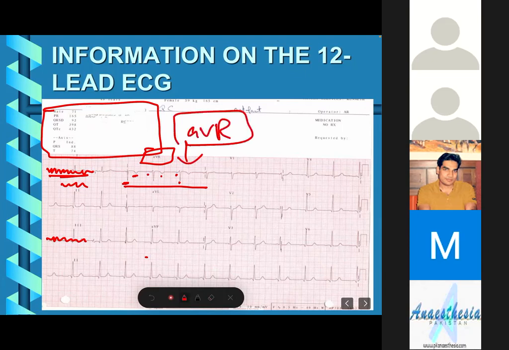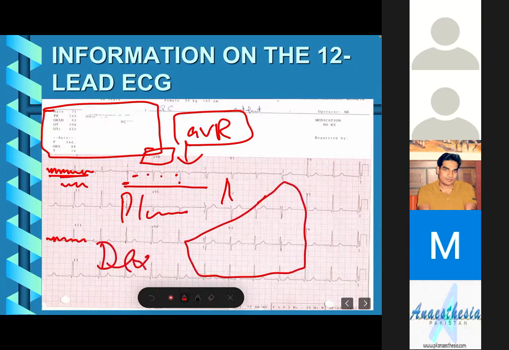If we find a positive deflection in AVR, then there are two possibilities: either the person who did the ECG placed the leads wrongly, or the heart is on the right side, like in dextrocardia. In dextrocardia, the heart is rotated to the right side.